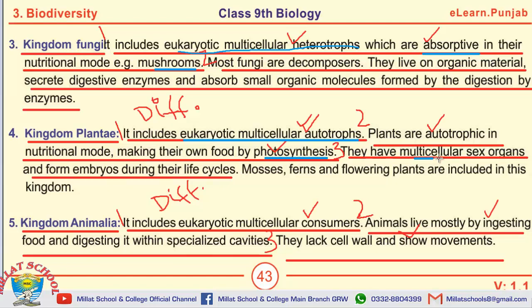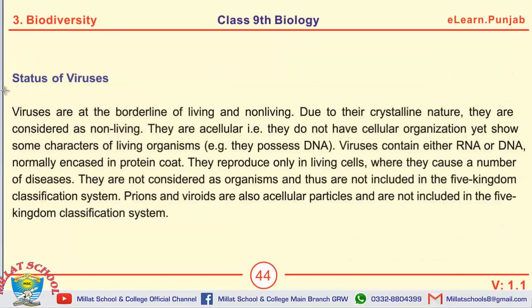Plants have multicellular sex organs. Mosses, ferns, and flowering plants are included in kingdom Plantae. Animals are eukaryotic multicellular consumers. Animals can ingest food. Animals lack cell wall. Animals show movements.